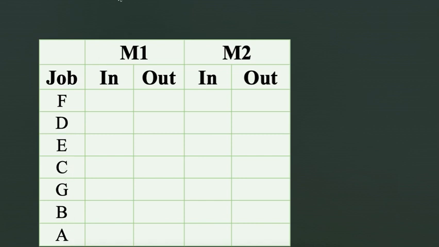Now we are going to calculate the total performance time as well as the idle time of both the machines, M1 and M2, fine. The first job in this sequence is F, and it has a process requirement of 1 hour on machine M1. It is given in the problem.